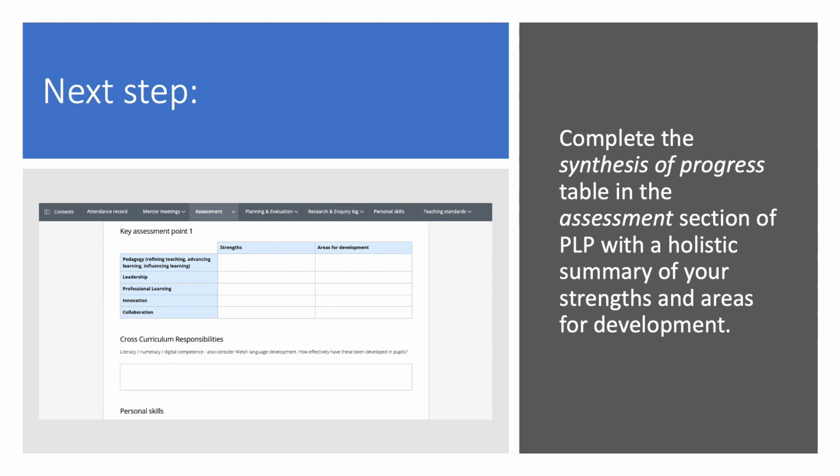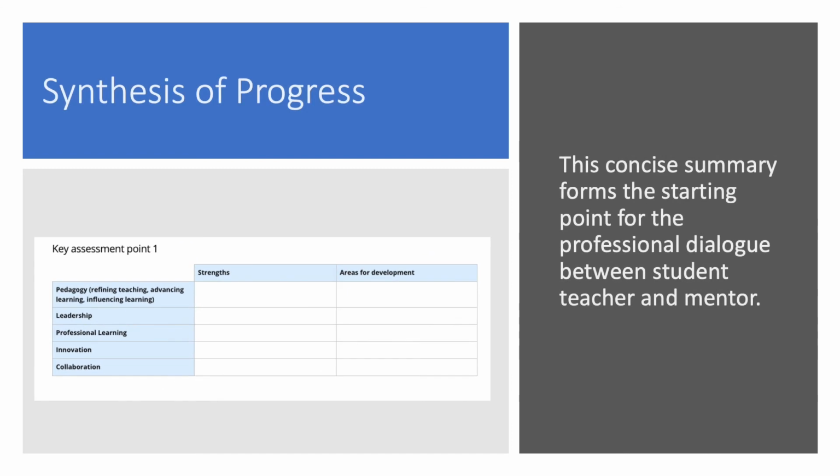This is the point where you really come to some conclusions about your areas of strength and areas for development, and you expand upon your thoughts and your points by writing fairly briefly and concisely what you think about your progress in this table, and this table will help to form the starting point for the professional dialogue that you're about to hold with your mentor.